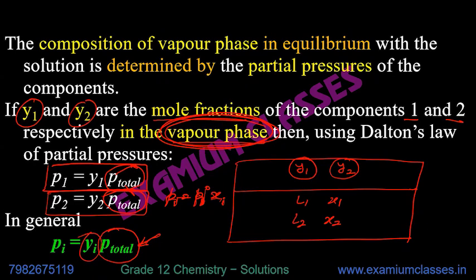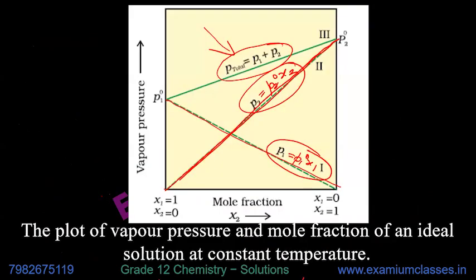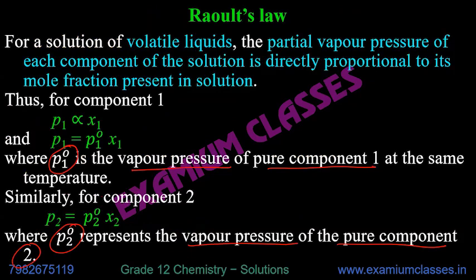Y1 and Y2 are the mole fractions of these vapors in the vapor phase, not in the liquid. In the previous case, the difference was that this mole fraction was the mole of the vapor in the liquid, the mole of the second vapor in the liquid.